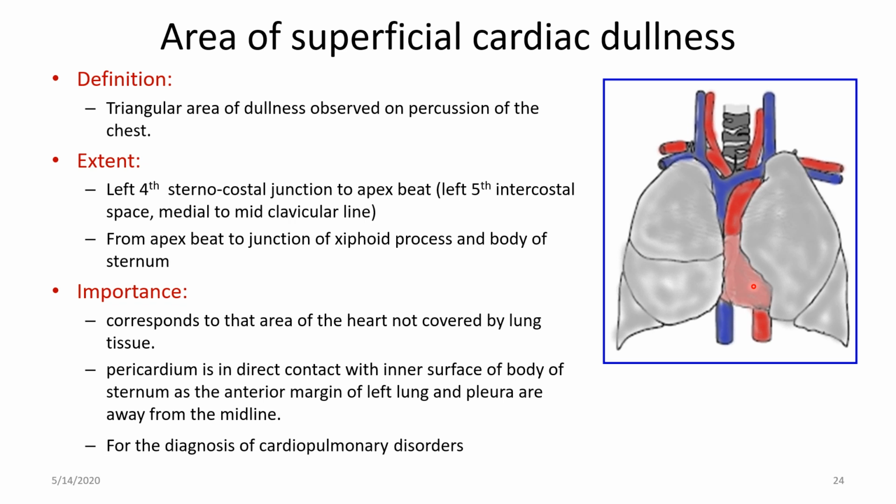So, the extent of this superficial cardiac dullness is from the left fourth sternocostal junction to apex beat. From the apex beat, it will extend to junction of xiphoid process and body of sternum. So, left fourth sternocostal junction to apex beat, from apex beat to junction of xiphoid and body of the sternum.